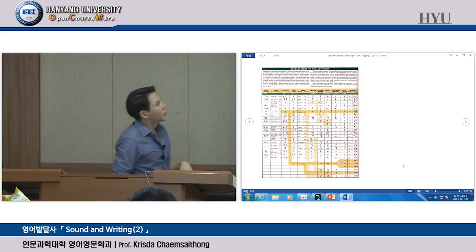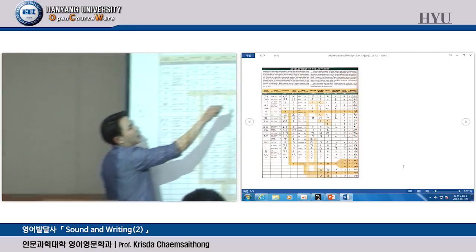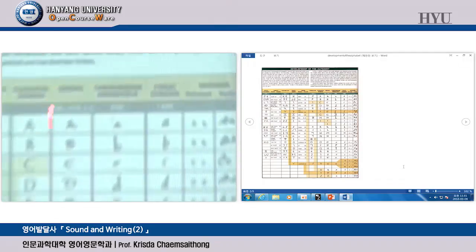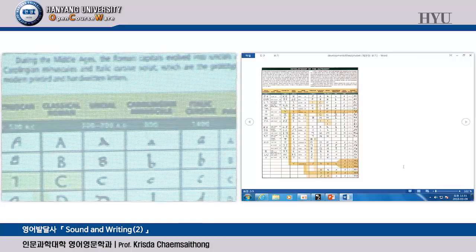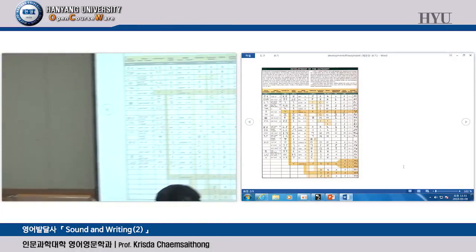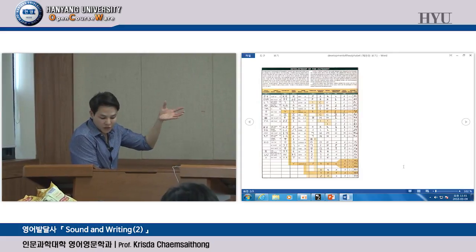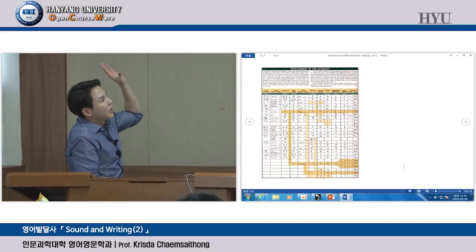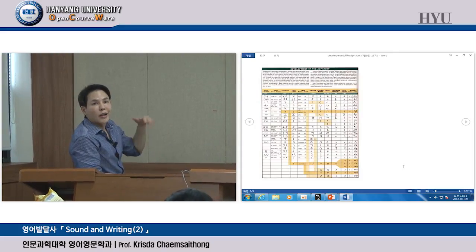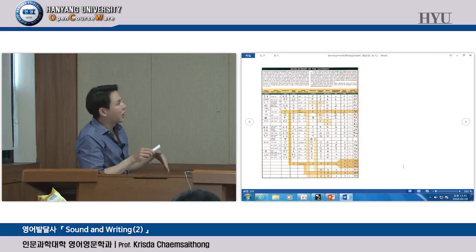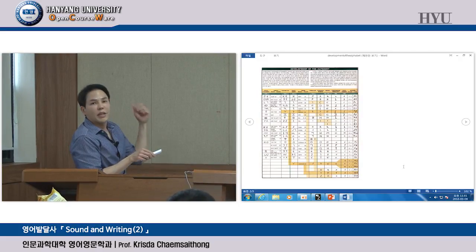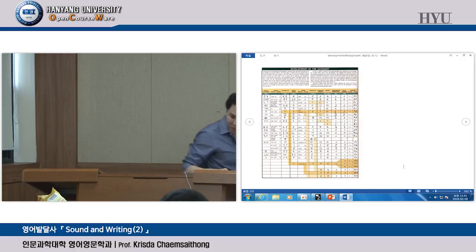You see this column here, it says uncial. You see that they are all capitalized letters. That's a different version. So there is the lowercase, non-capitalized, and also the capitalized version, but uncial is the capitalized version. We call it the majuscule.